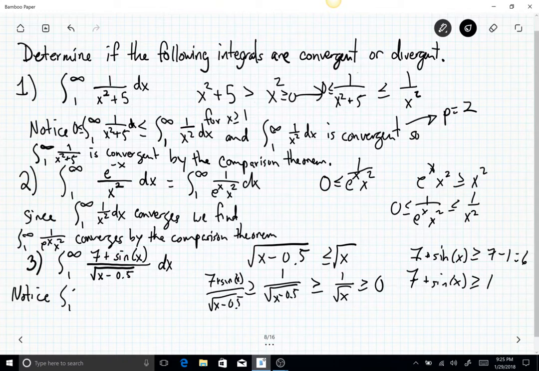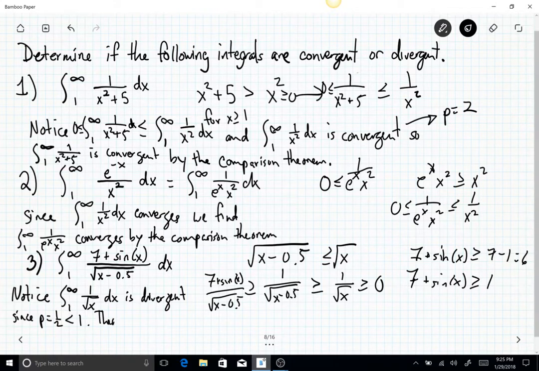The integral from 1 to infinity of 1 over square root of x dx is divergent, since p equals 1/2, and I'm referring to the previous problem, that's less than 1.